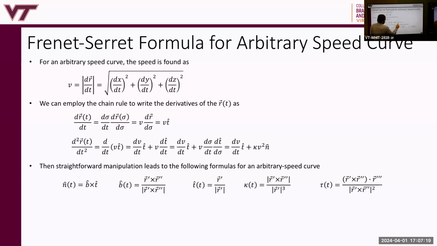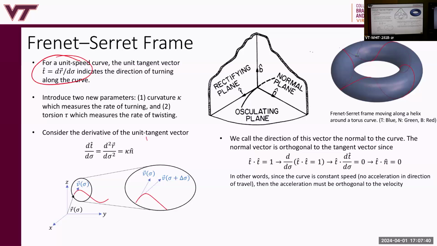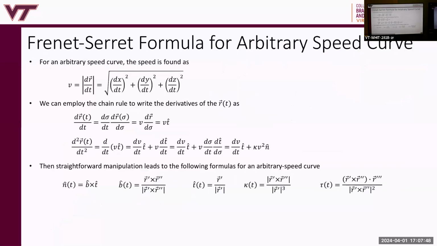So now we have dv/dt T hat, that first term stays the same, and we have d sigma/dt again, which we know is the velocity. So we get v squared, and then dT/d sigma we know already as kappa times N hat. Remember, we calculated that back here: dT/d sigma is kappa times N hat. So we get v squared kappa N hat.